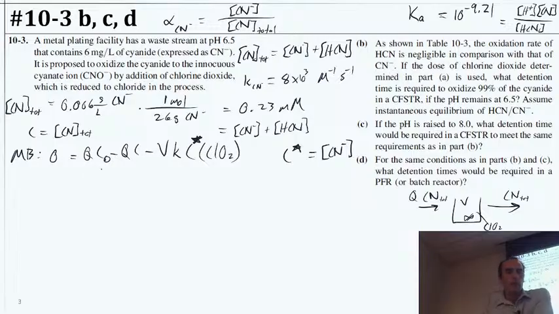So I'll just simplify this a little bit and pretend like we're doing it normally for a moment. So we would say, if we divide everything by Q, we would get C naught minus C minus tau K. This would normally be C, but I'm going to star it, and another constant, ClO2.